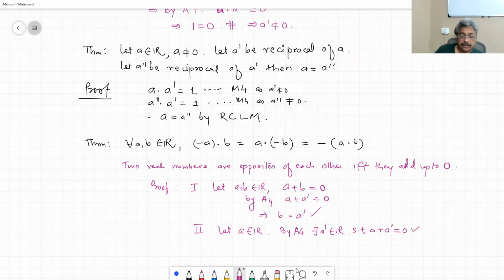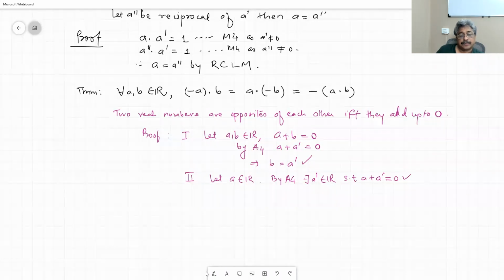Proved both directions. One is easy; by 4 converse, you have to show that it is the opposite. Okay. Using this, can we go back to our required theorem? Consider the proof of this.